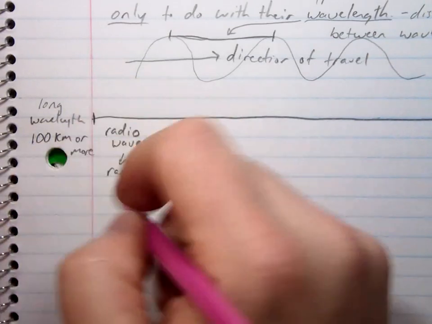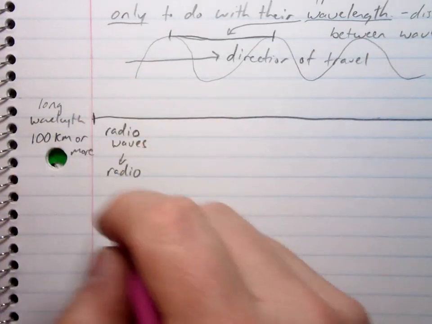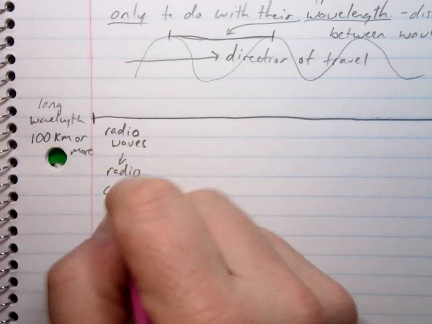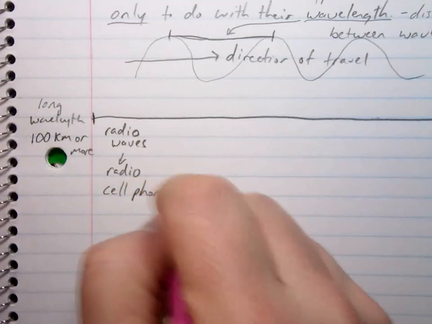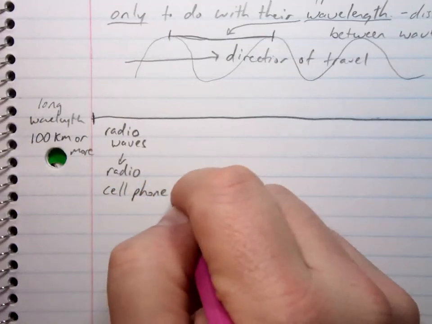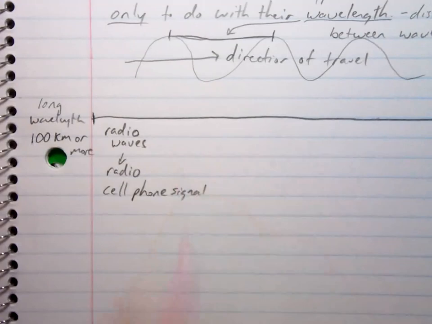Okay? Also, your cell phone signal or data is transferred to and from your phone via radio waves to the tower. So it's radio waves that are transmitting these data signals back and forth. That's how that form of communication happens.